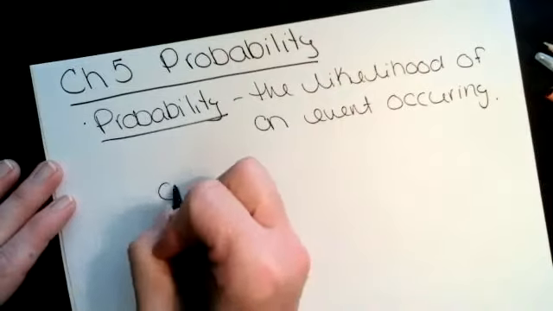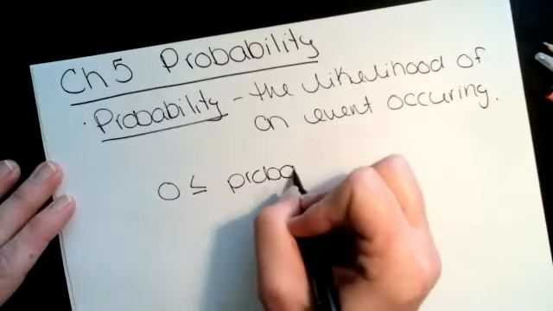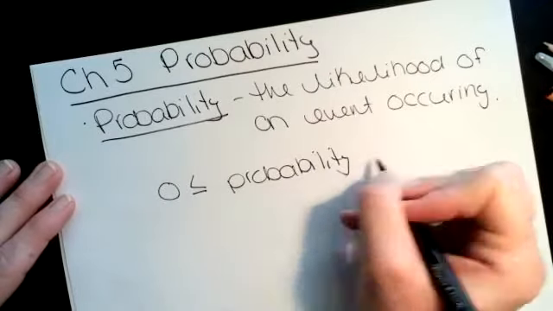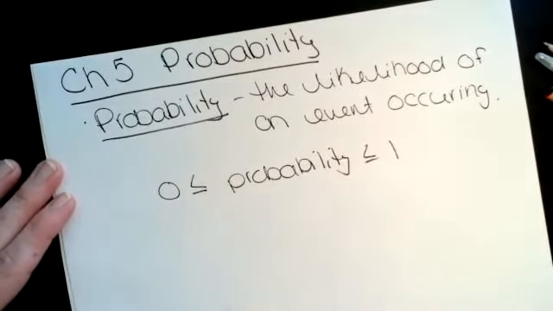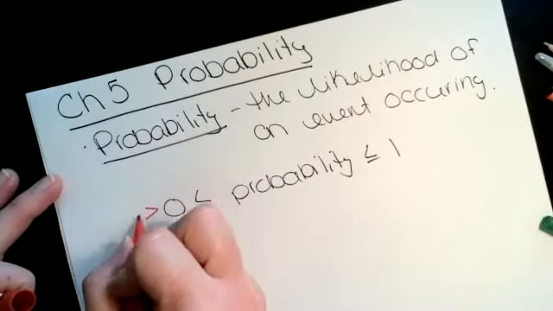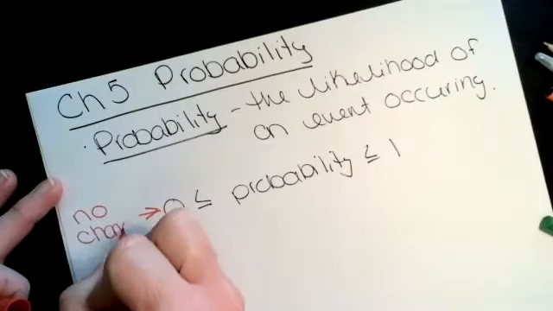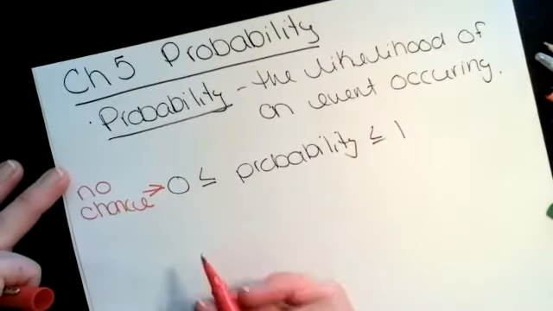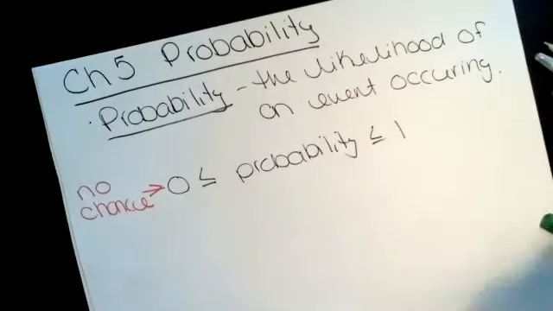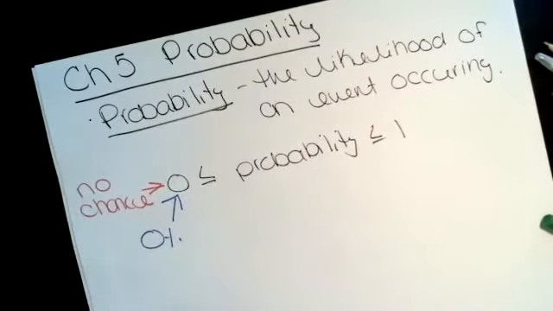So probability is between the values of 0 and 1. So 0 means it's the extreme, no chance. If I have a 0 probability, it means there's a 0% chance. That means it is not happening, right?